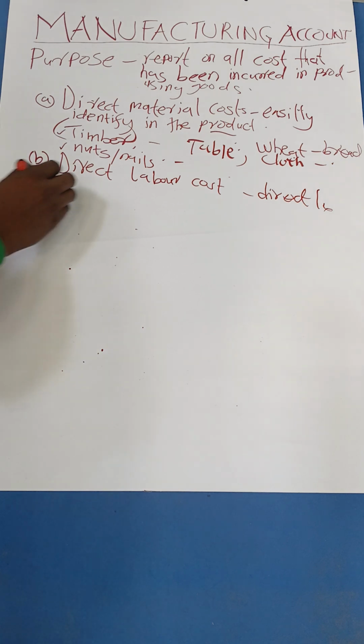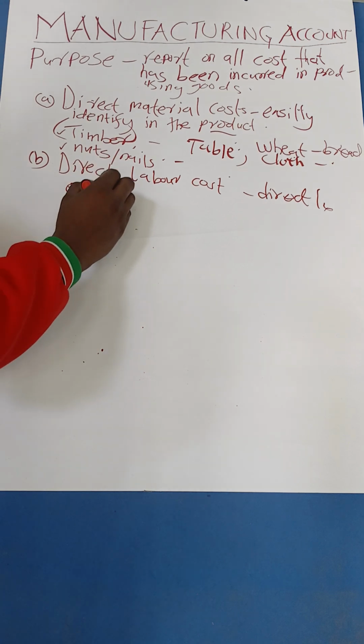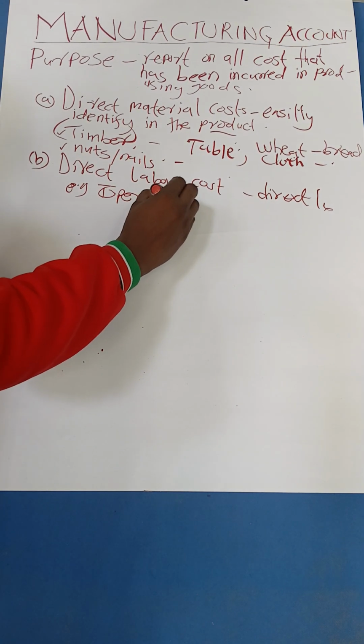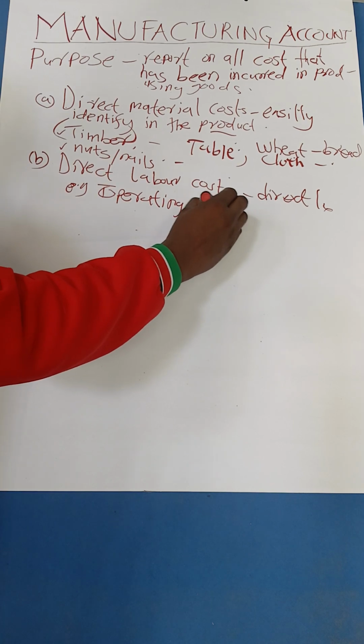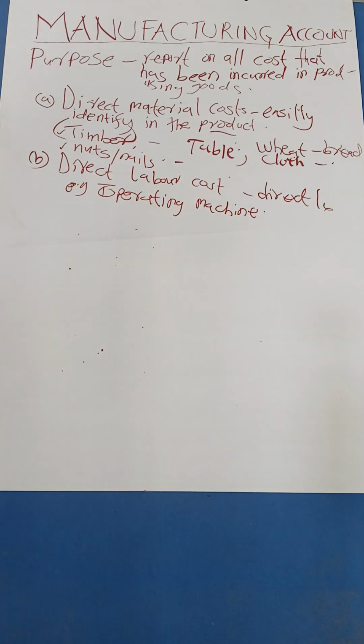An example for this is those operating the machines on the ground. They are present there, operating the machine. So the amount of wages that we are going to pay out, we will refer to as direct labor cost.